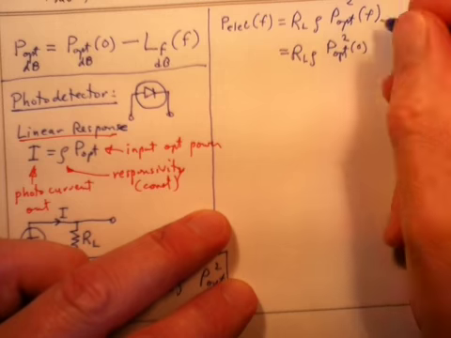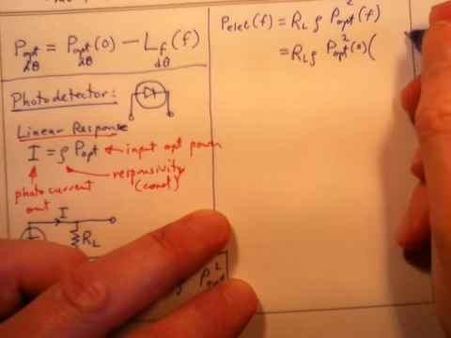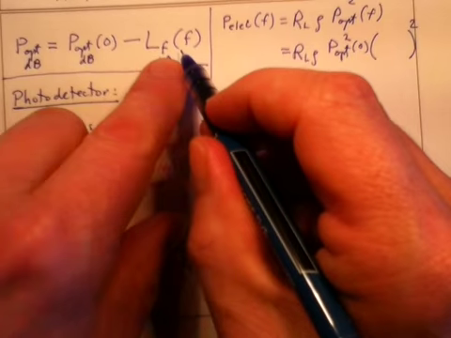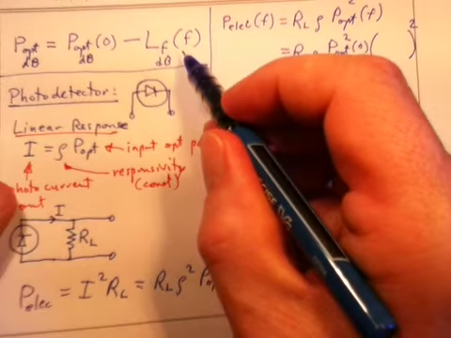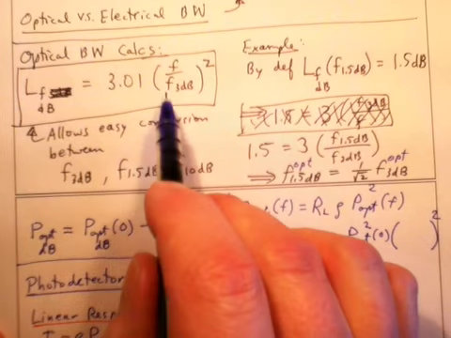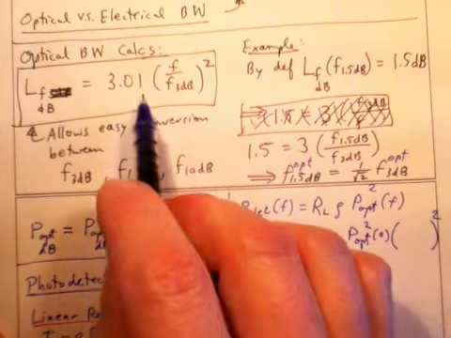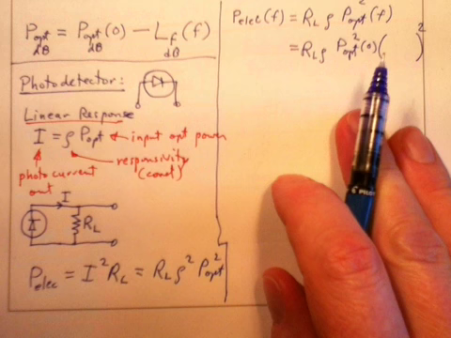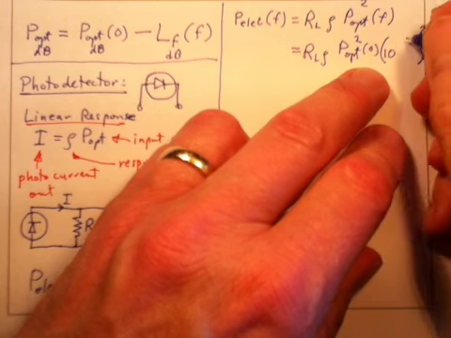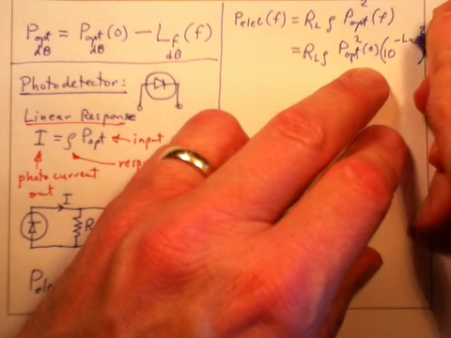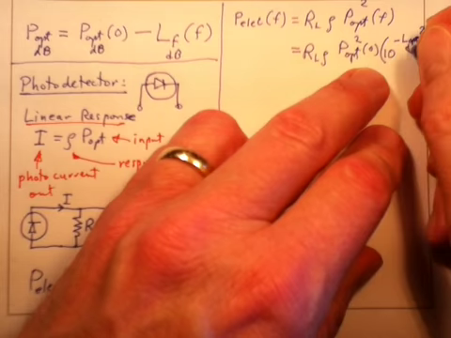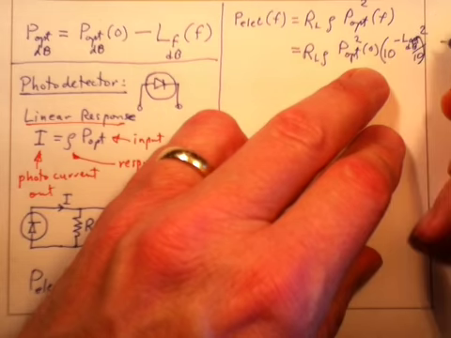Now I'm going to rewrite this loss in linear units. What is the frequency dependent loss in linear units? Well, I take 10 and raise it to the minus L opt in decibels divided by 10.